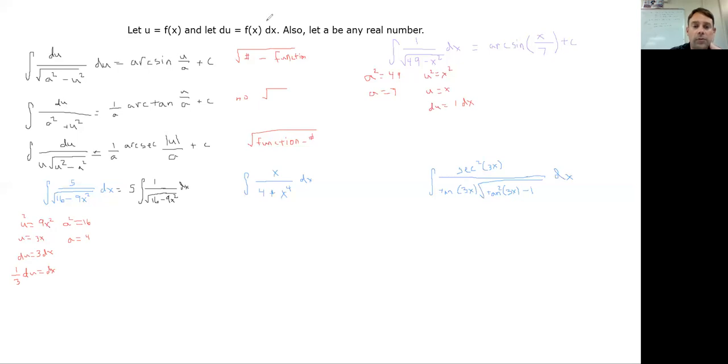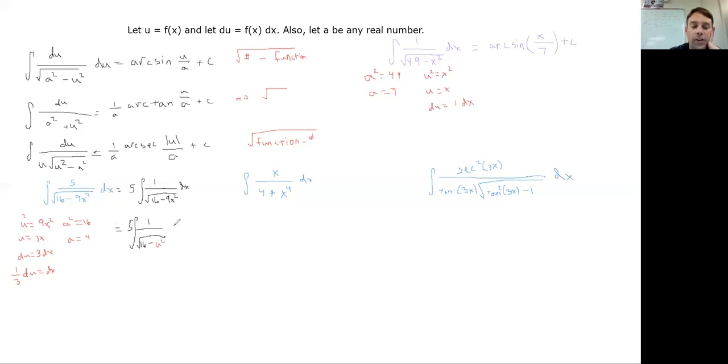So if I do this now, I can go ahead and make a simple substitution here, and I can substitute in my u values. Since I have it all balanced up, I can substitute my u in now. 1 over the square root of 16 minus, so in place of 9x squared, I'm going to plug in u squared.